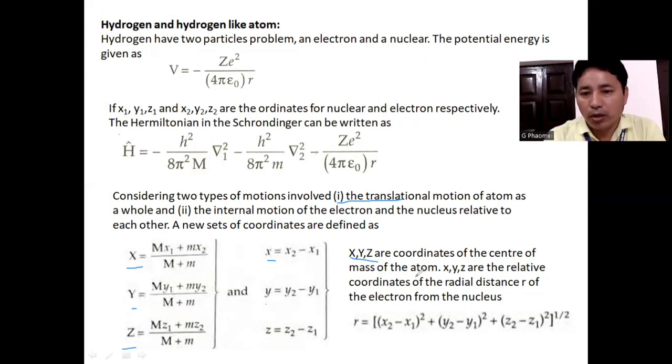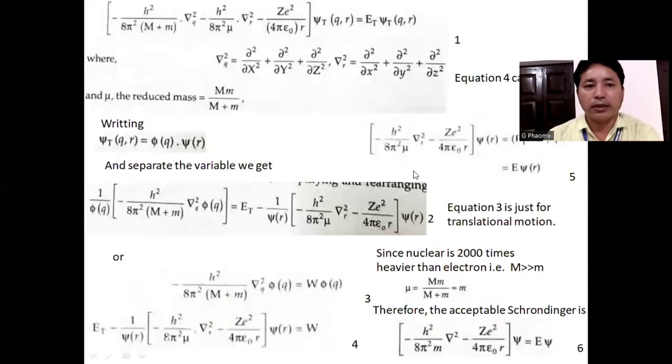Now, if we talk about the motions, we can definitely separate them as separate entities. Therefore, we don't have any problem taking these two motions separately in separate variables. So let's say Q is for capital X, capital Y, capital Z, and small r is for small x, small y and small z.